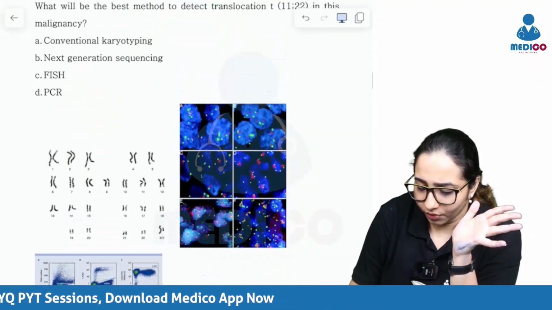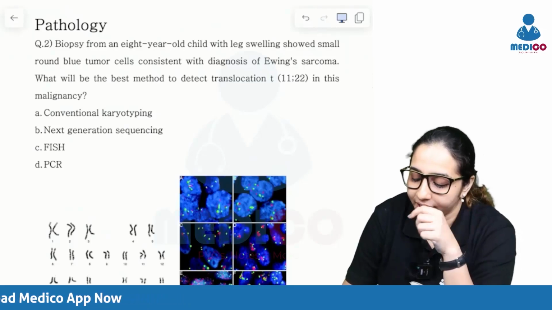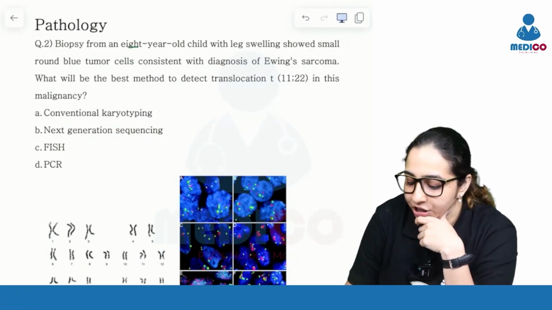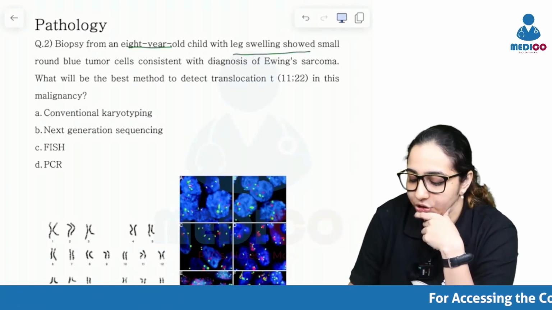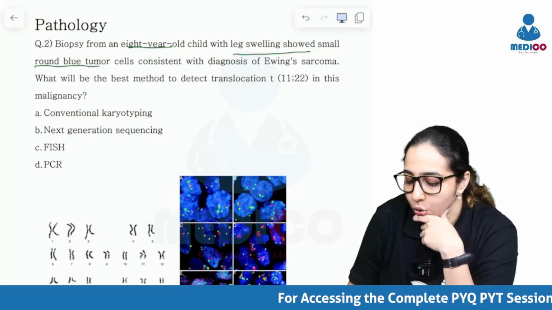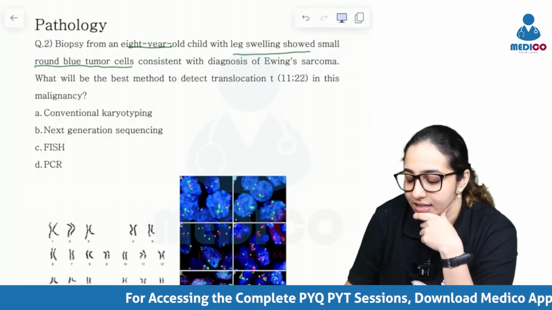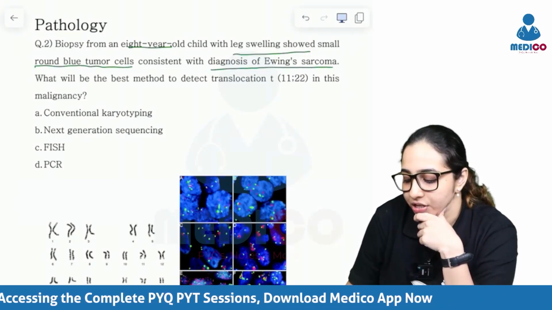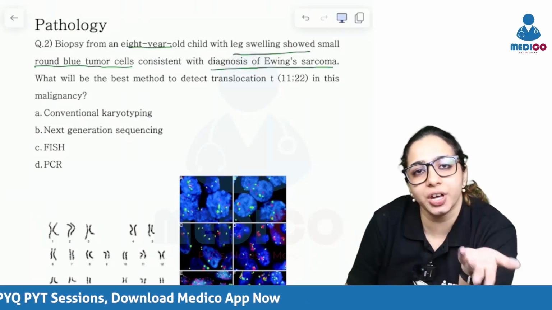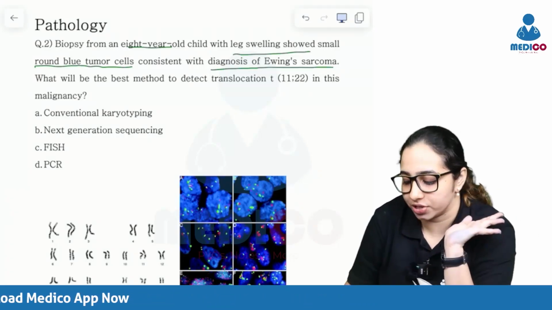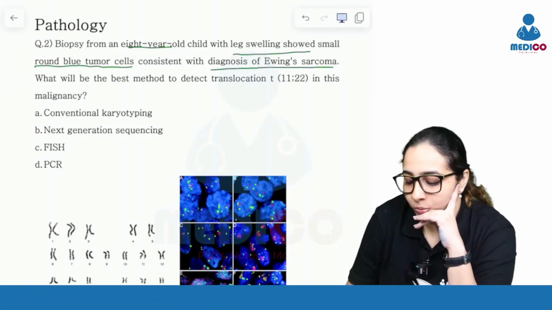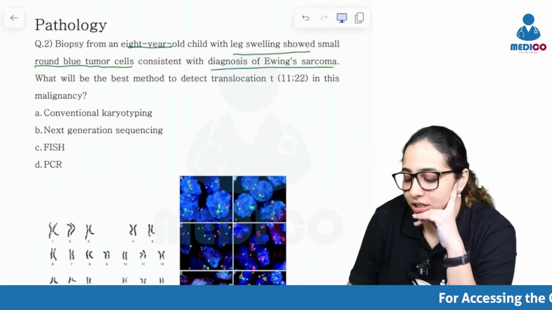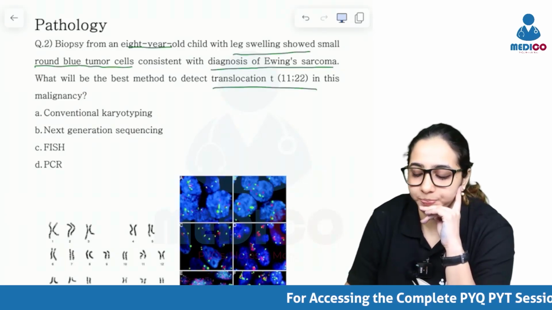Now, we will move on. Here we have an 8-year-old child with a leg swelling, round blue tumor cells, consistent with a diagnosis of Ewing sarcoma. So here they have already diagnosed Ewing sarcoma. Now, what will be the best method to detect translocation?